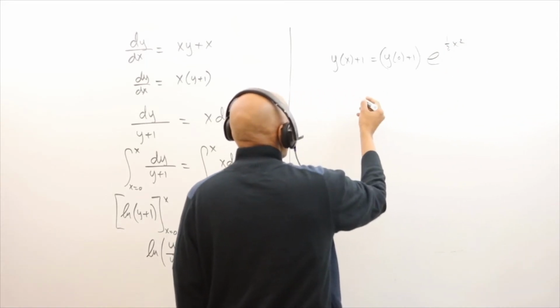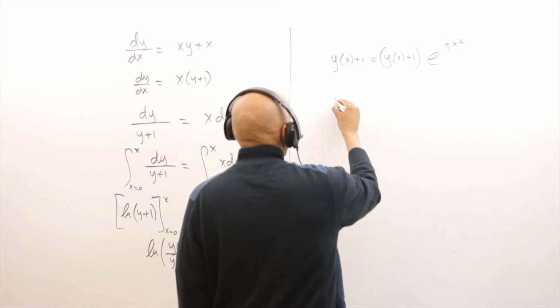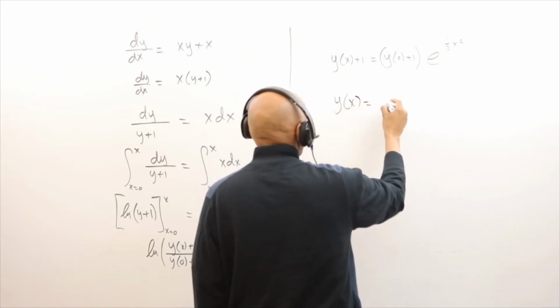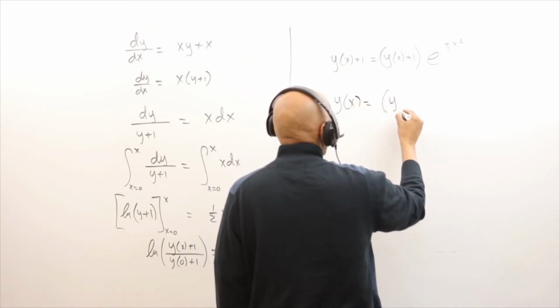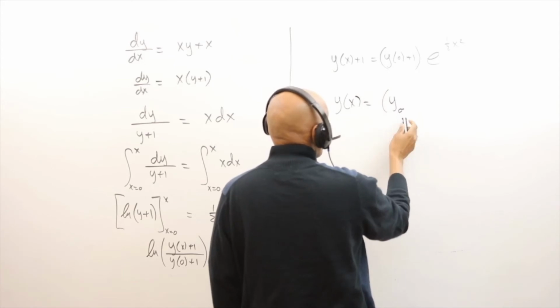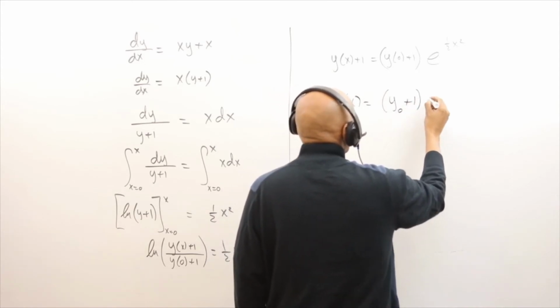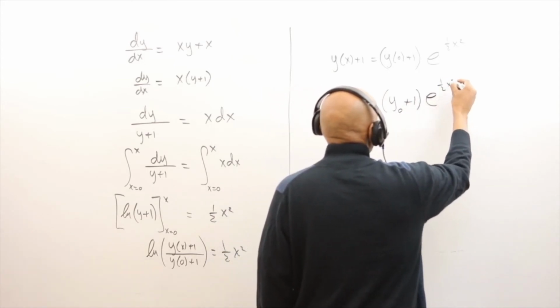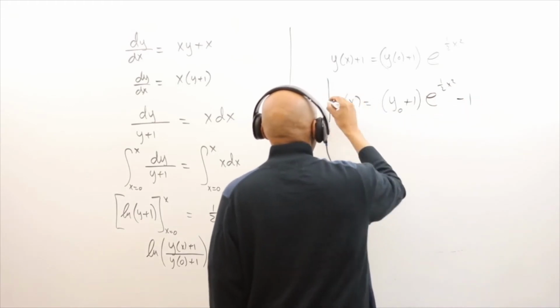And subtracting 1 on both sides, you get the final solution, y at x is equal to y0 plus 1, e to the 1/2 x squared, minus 1. So this is a solution.